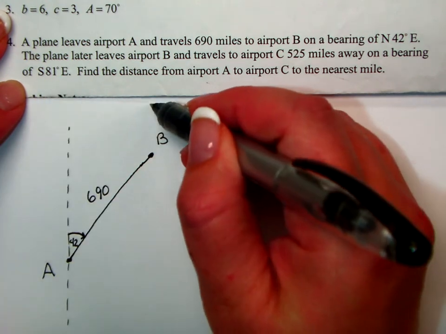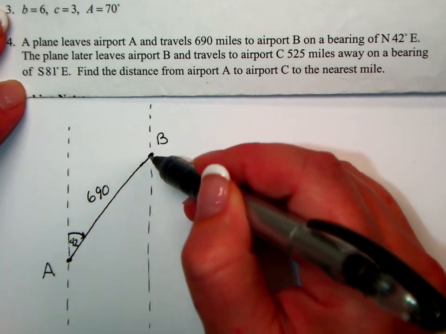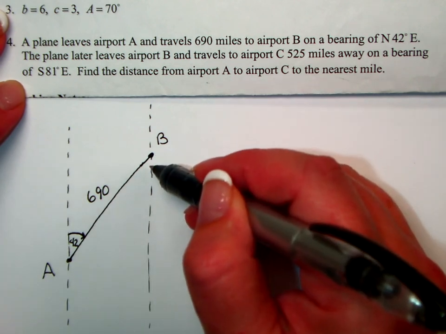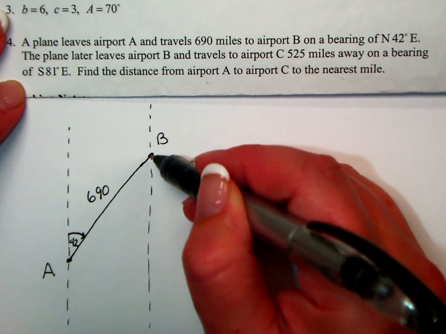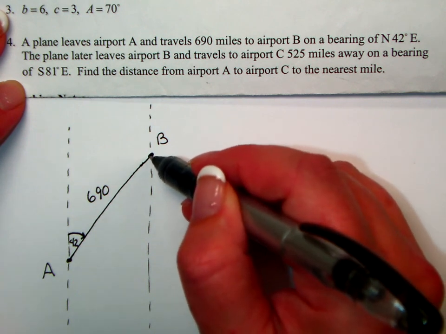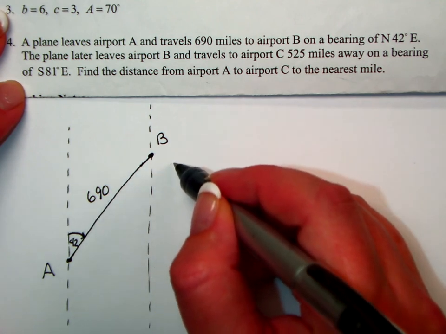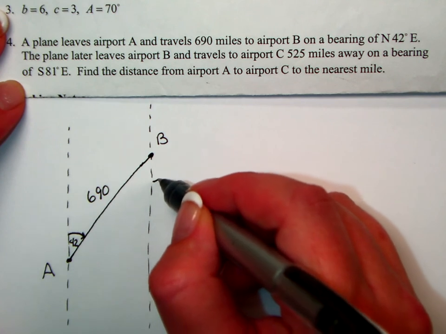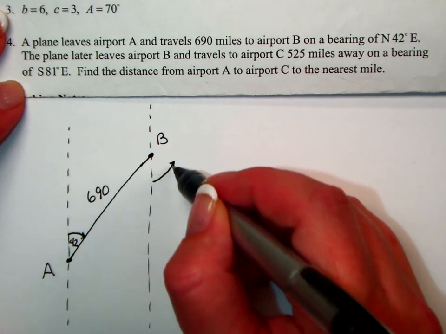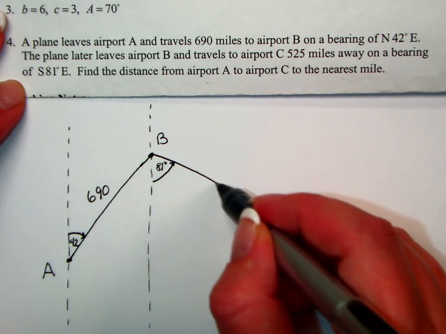So again, I'm going to draw an imaginary north-south line here. The plane is going to go south 81 degrees east. So south direction, but rotating 81 degrees to the east is almost horizontal here. So south rotating 81 degrees to the east is that bearing.